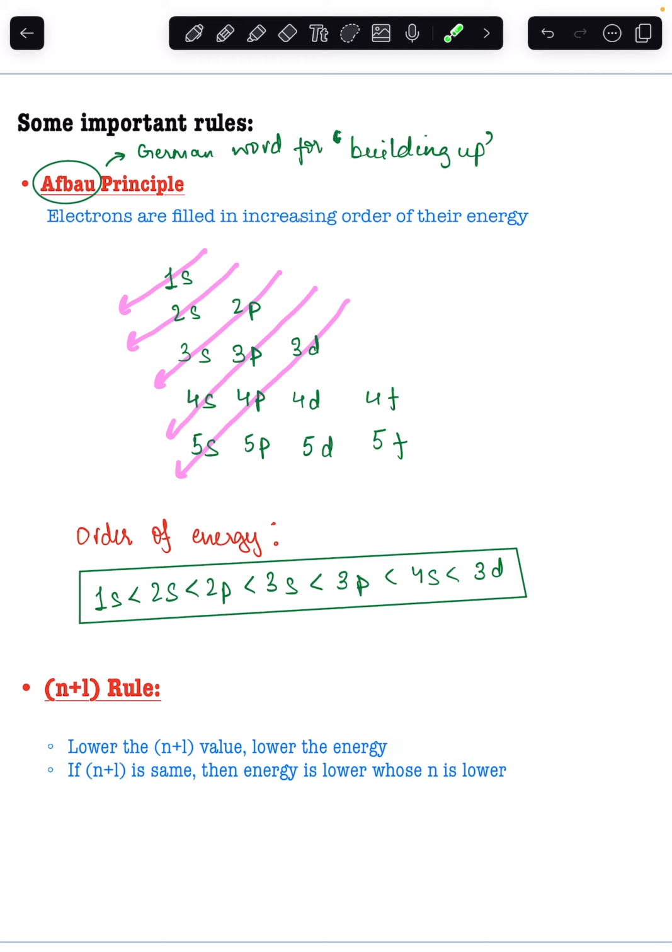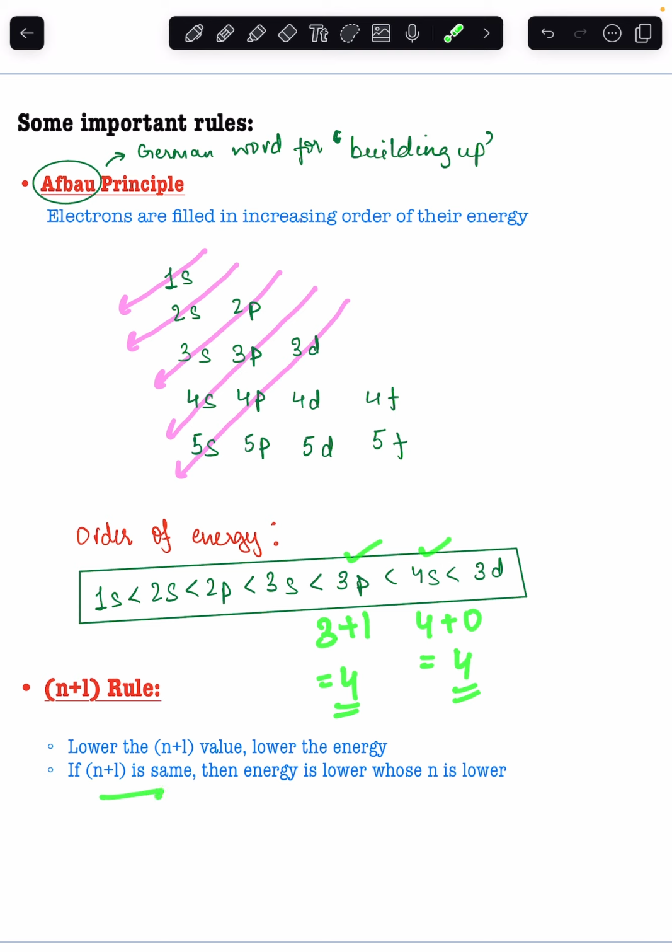And if the n plus l value is the same, for example 3p and 4s: 4 plus 0 and 3 plus 1 are both equal to 4, which means the n plus l is the same.